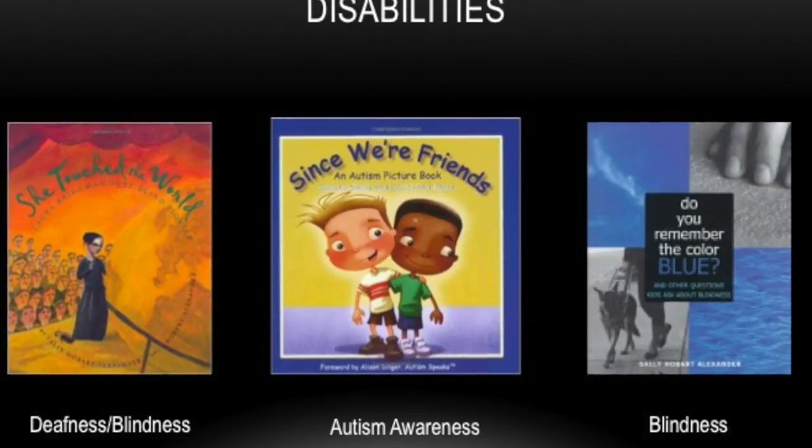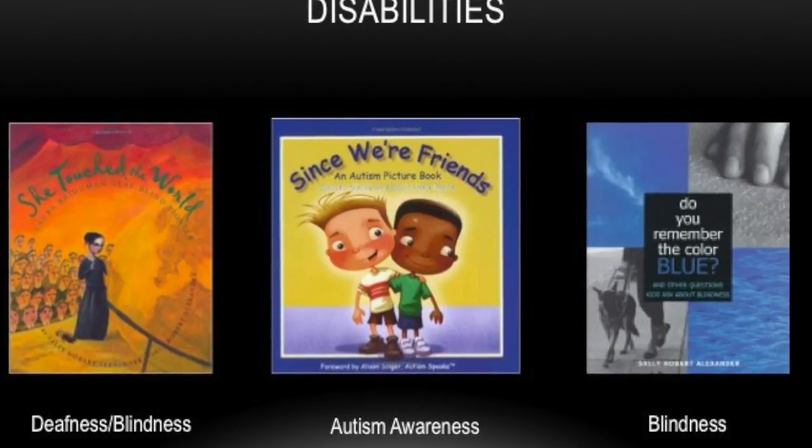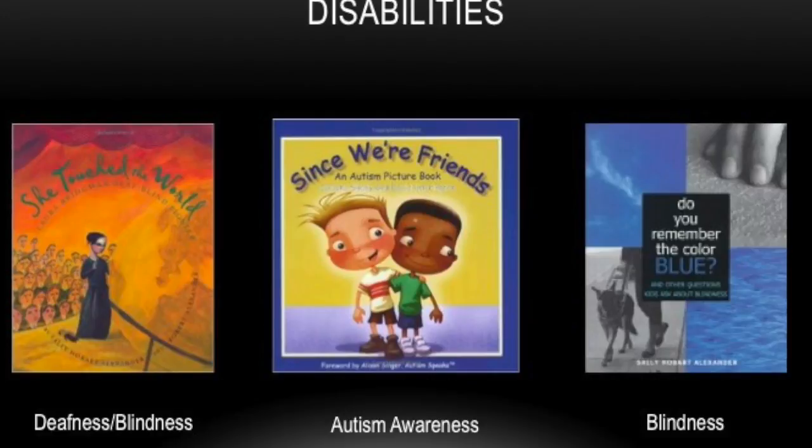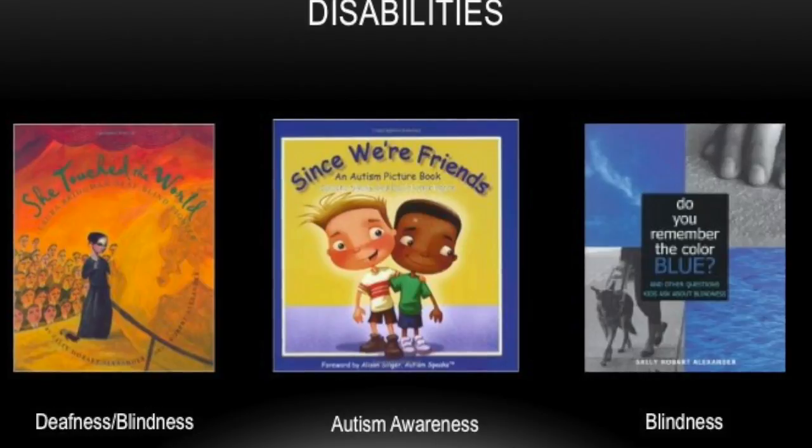So I've been taking a look at some different books that I could use to explore different disabilities. One that I came across was a book called Since We're Friends, which is an autism picture book. It goes into the story of two friends, one of whom has autism, and he struggles to relate well in different social situations, but his buddy is there to help him out.